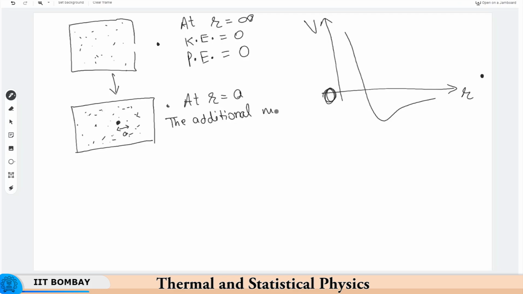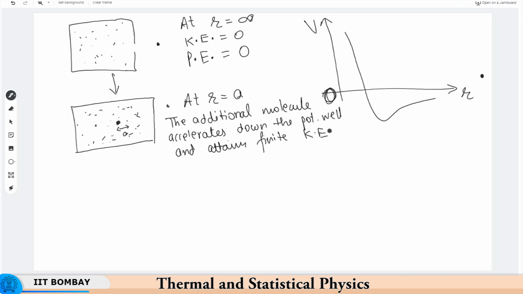So, at R equals A, the additional particle or molecule accelerates down the potential well and attains finite kinetic energy. And there is still the conservation of energy principle.